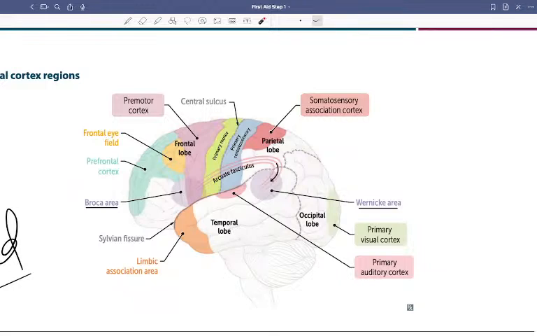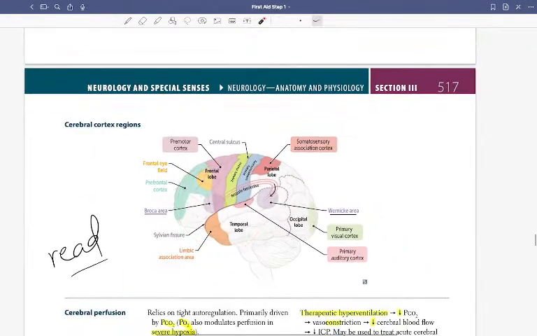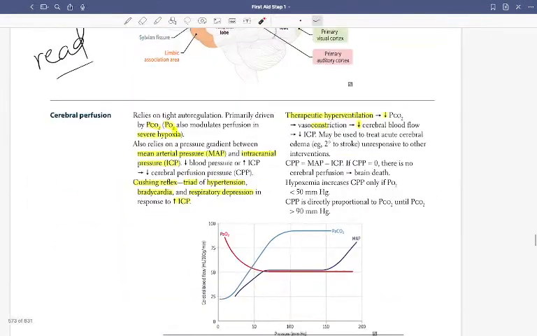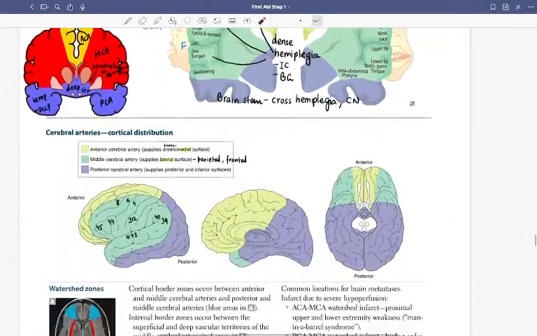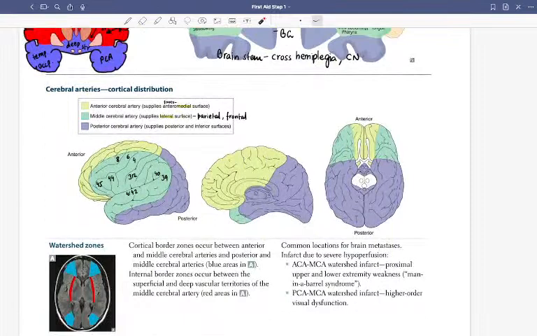Next, this is important for aphasia. Okay, so it's better that I think all this is done. See, lateral wall, that's why you have 44, 45.